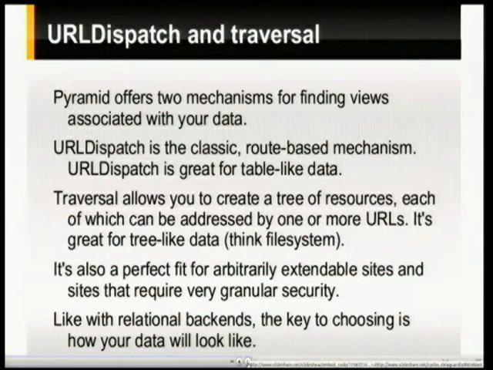And the classic mechanism for doing that in most frameworks, in Django and Flask, and also in Pyramid, is called URL dispatch, and it allows you to use regular expressions to decide which views match something. And we have another mechanism that comes from Zope that's called traversal, and it allows you to create a tree of resources. So instead of having a URL match an expression, you create a tree of resources that could be any models that you have, any objects that you create.